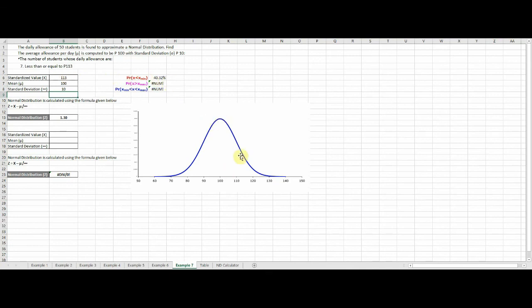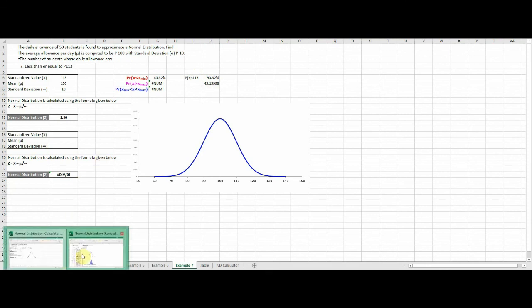Now since we're going to cover from 113 going to the left side, which is less than, we're going to add 0.5. And therefore, this is the actual probability. To get the number of students, you have to multiply this by 50. So therefore, the number of students whose allowance is less than 113 is 45 students.